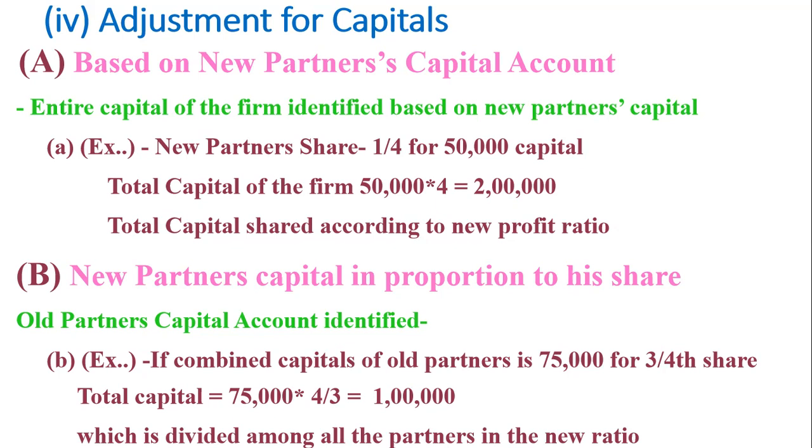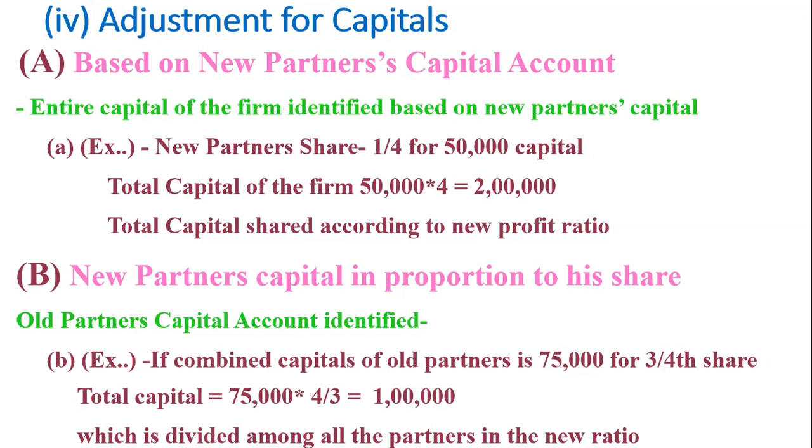Say for example, if one partner is bringing in a capital of 50,000 for 1/4 share, the total capital of the firm will be 50,000 into 4. For 1/4 share, if the capital is 50,000, total share is 4 parts. 1/4 indicates that 1 is the new partner's share, 4 is the total share.